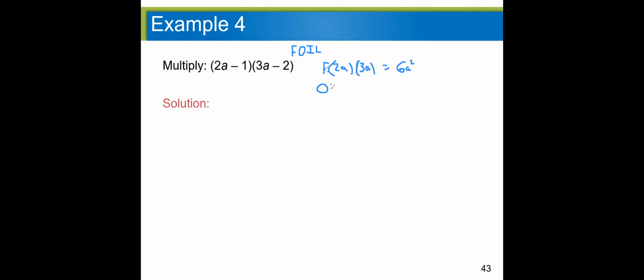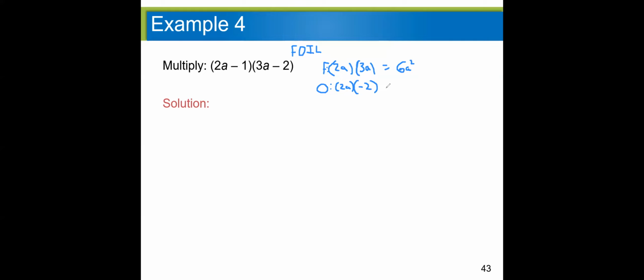Look at my outside terms, multiply those together. My outside terms have, again, that 2a. And, important part here, a negative 2. I'm going to drag that negative along with me because I want to make sure not to forget that negative exists.